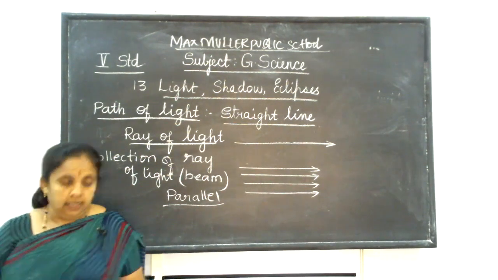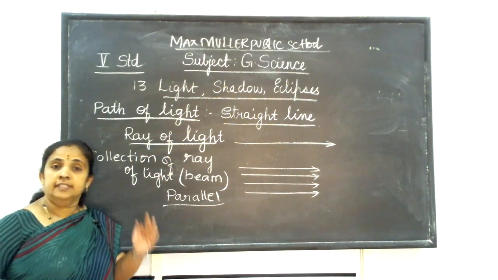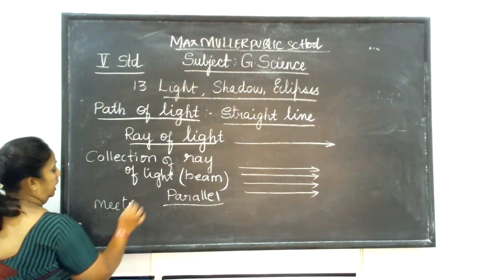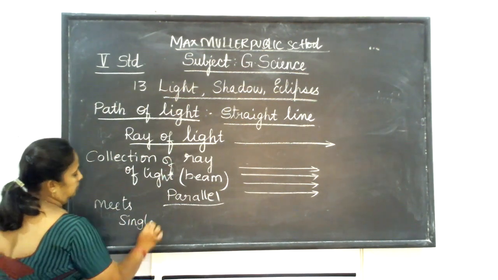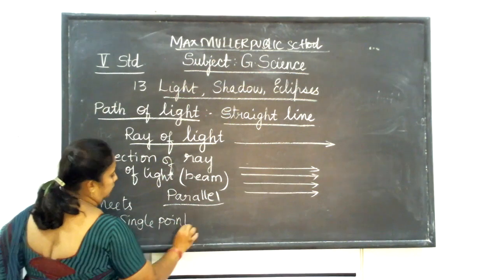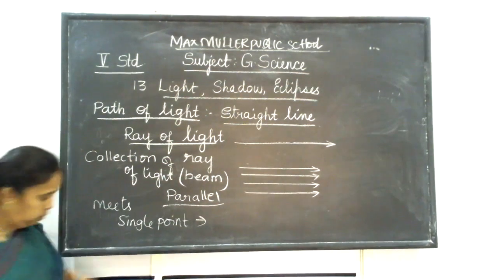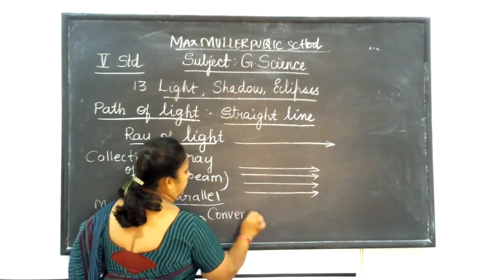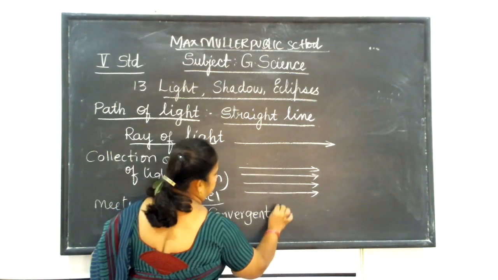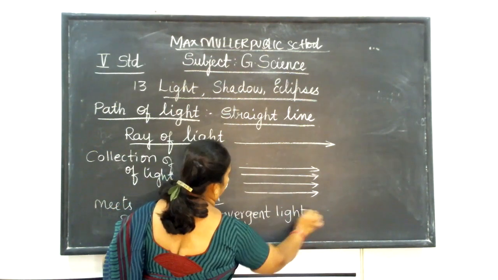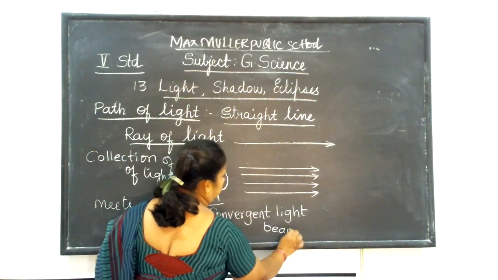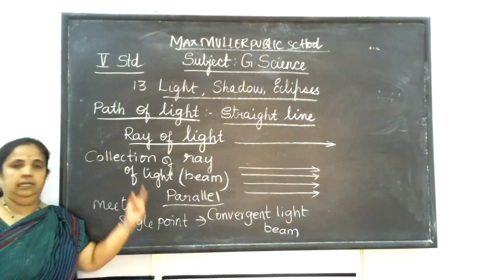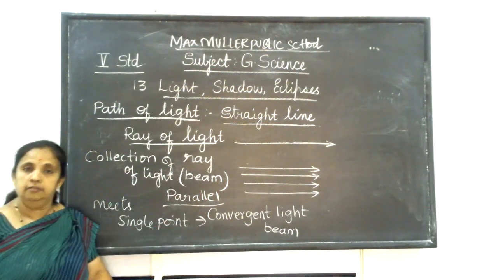If the beam of light meets at a single point, you call it a convergent light beam. What do you call it? Convergent light beam.